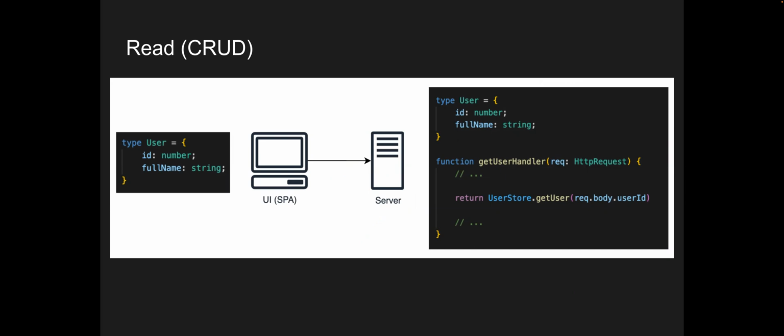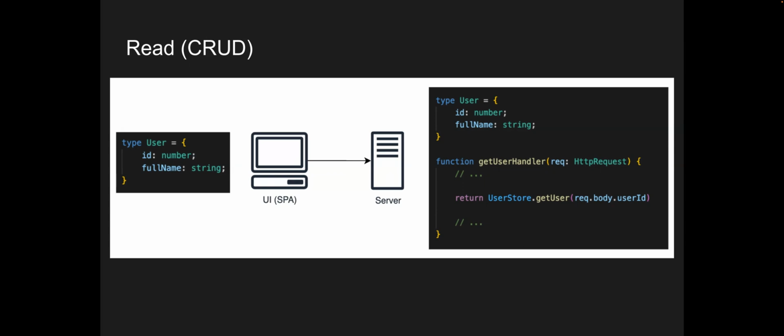This is a very simplistic example, but let's just take the most simple example you can imagine, like a read operation on a user, right? Your UI, your React SPA or whatever it is, is going to make a request to the server, and the server is going to return a user, but the type of the user is probably going to be the same in both applications, right? Your user in this silly example is ID and full name, right?